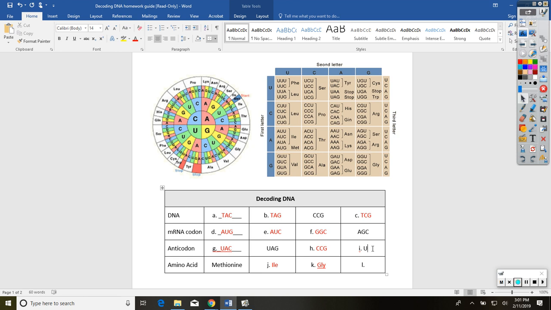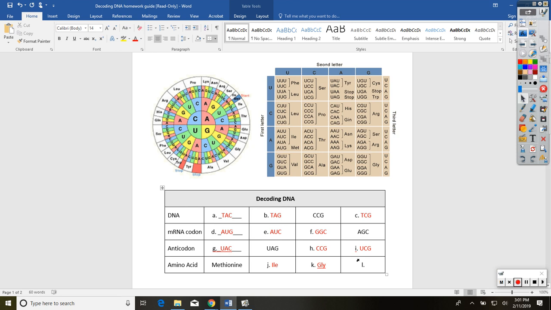In our mRNA or in our tRNA, we can't have the letter T, so we replace it with a U. G pairs with C. C pairs with G. And let me highlight that in red for you so you can see that I've added that one.